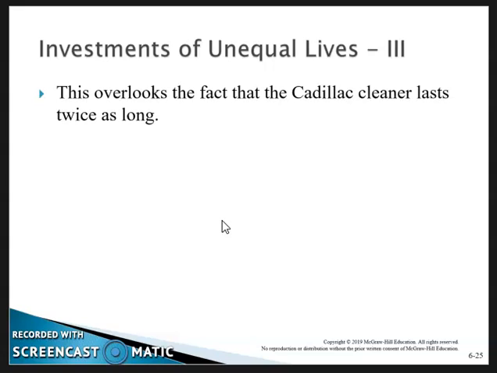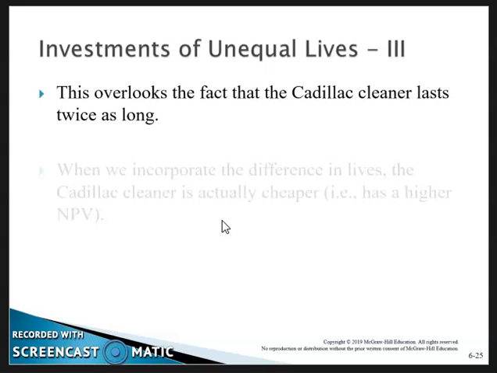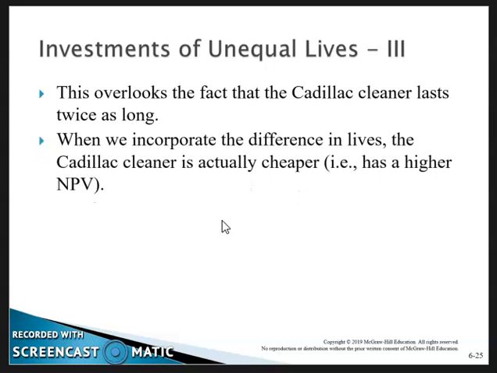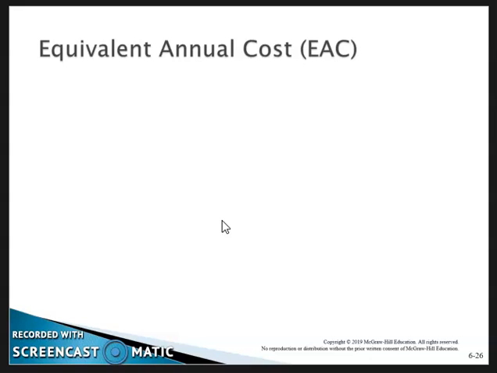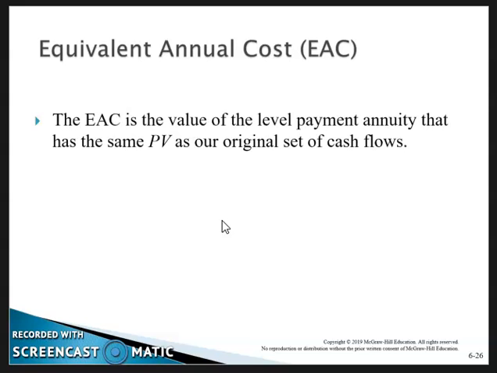We're overlooking the fact that the Cadillac air cleaner lasts 5 more years, or twice as long. So we incorporate the difference in lives. The Cadillac air cleaner is actually cheaper. So what we are going to calculate is equivalent annual cost, or EAC.